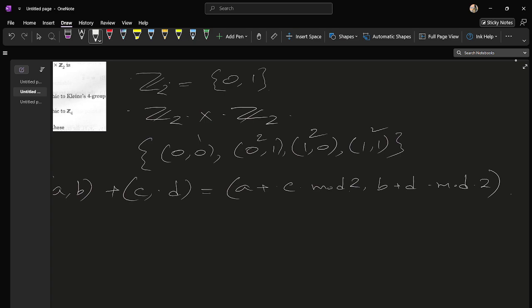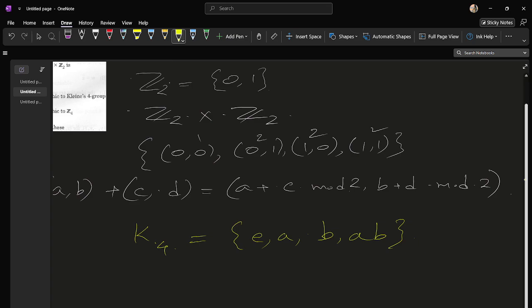So this is the property of Klein's 4 group, because we know that Klein's 4 group, that is K4, is equal to {identity, a, b, ab} only. Then we know that the identity has order 1, a has order 2, b also has order 2, and ab also has order 2.